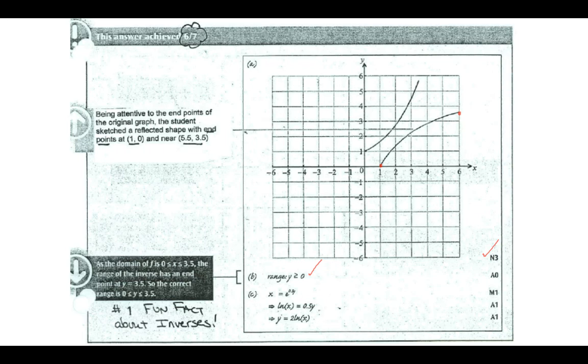I think they're, so they lost. Where'd they lose their point? Oh, here. Oh, yeah. That's not their range, right? It should have gone from 0 to like 3 point, what was it, 5? So that's where they lost their point, and then they're good here.